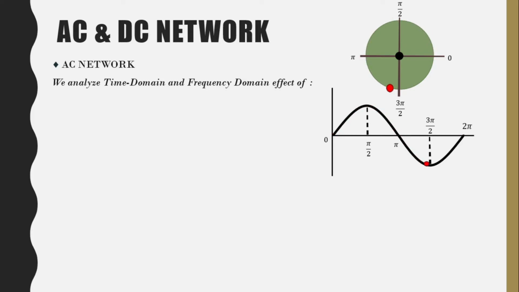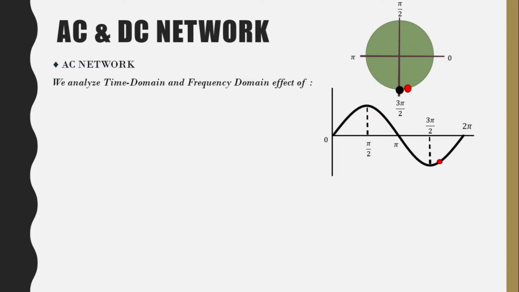Whenever the sine wave is an increasing function from 0 to pi, the black dot goes upwards to pi by 2, and from pi to 2 pi the black dot goes downwards as it represents negative magnitude.